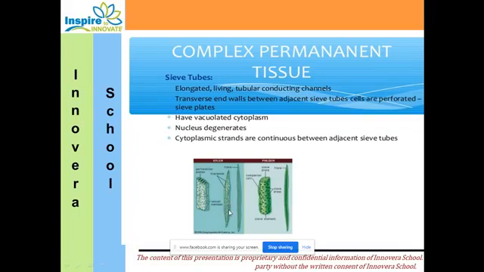Adjacent sieve tubes, you can see here. If they are connected in this way, what is going to happen, children? It will become easy for them to transfer things. See your companion cell, sieve tube, sieve element, it is all labeled.